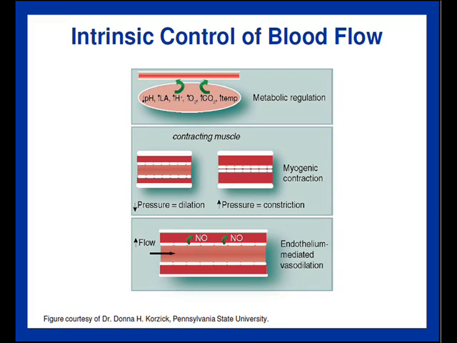Also, flow. If you increase the blood flow through the tissue bed, which is going to occur during exercise, with increased blood flow, okay? Outer lining of cells are the endothelial cells, right?